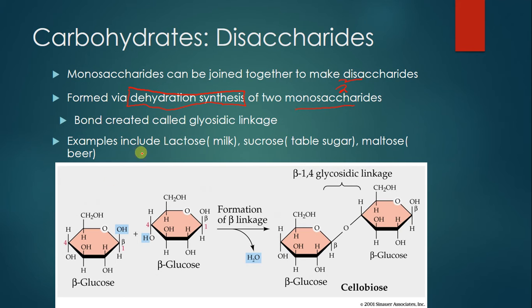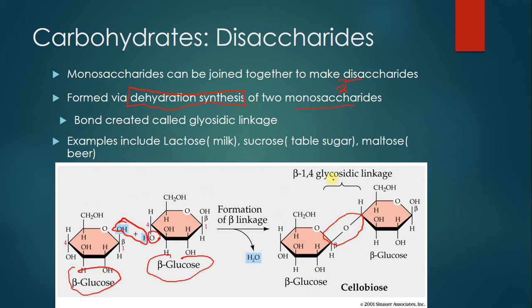So for example, in this picture on the bottom, we have 1 glucose molecule plus another glucose molecule, and right here in blue, that is the hydroxyl group of 1 and the hydrogen of the other that are going to be pulled off and form water. And then this oxygen right here that's left over is going to form the bridge or the link between the two.